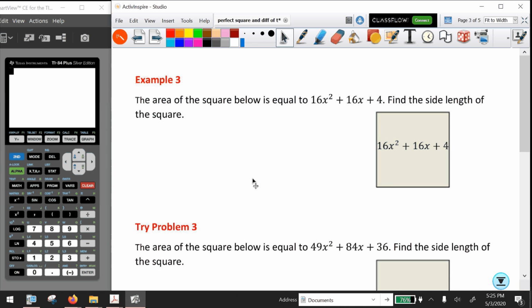But if we're taking the square root of this, that's not so easy. It's better if we have it in factored form first.